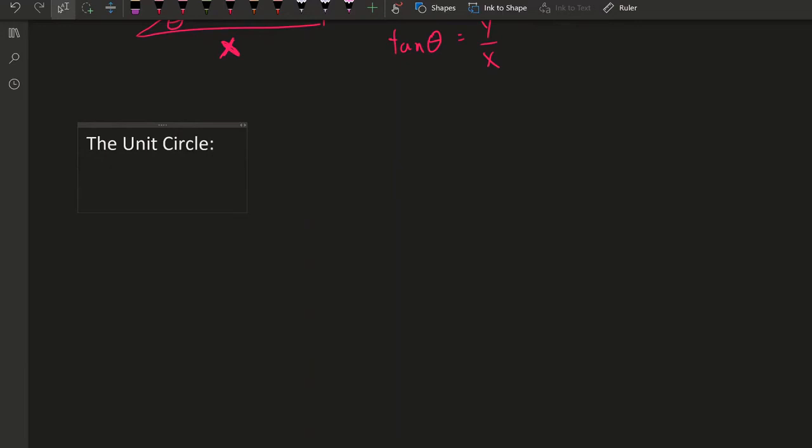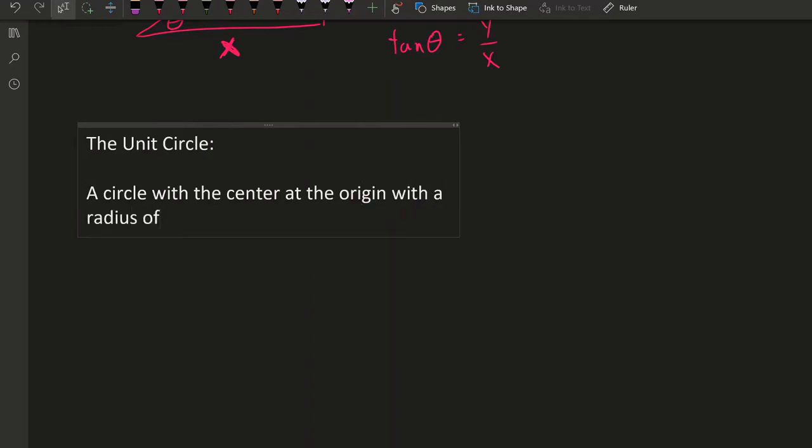The unit circle is a circle with the center at the origin, with a radius of 1. So let's draw a picture of that.